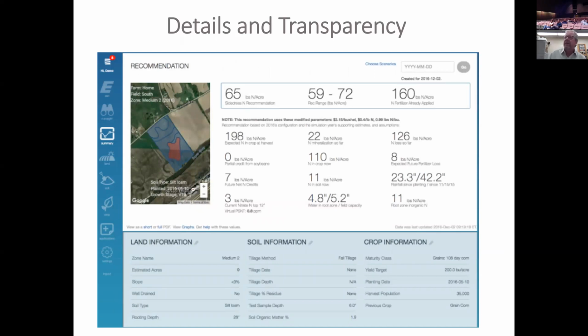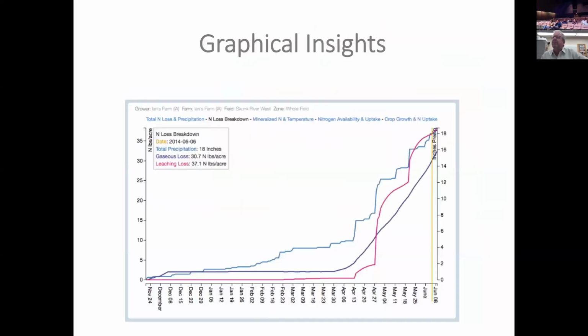one of the things that we built into the tool is a lot of detail around how it came up with that recommendation. And I think a lot of the users of the tool, certainly the high-end field agronomists, use that information quite effectively to make some judgments on what happened to that field, and perhaps even make some adjustments that they feel are necessary.